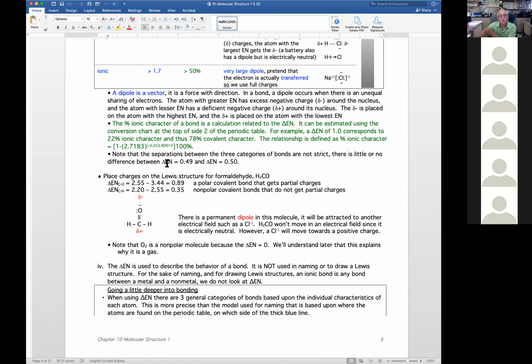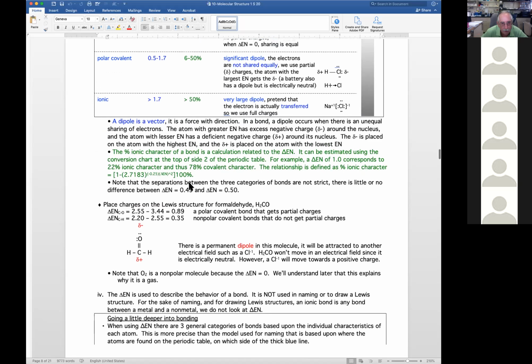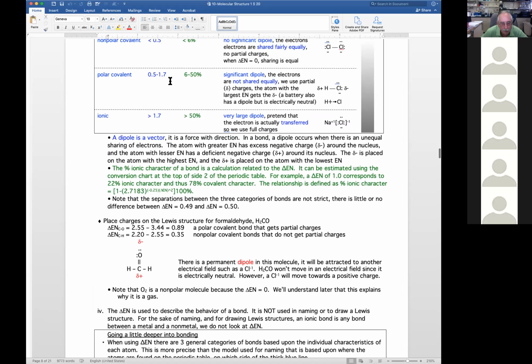So what do we do here? How does this help us? So here we have formaldehyde, which we already did the Lewis-Dot structure. How do I know how to treat the bonds? So here's the difference in electronegativity between carbon and oxygen, this bond right here. It's 0.89, which falls into this category.